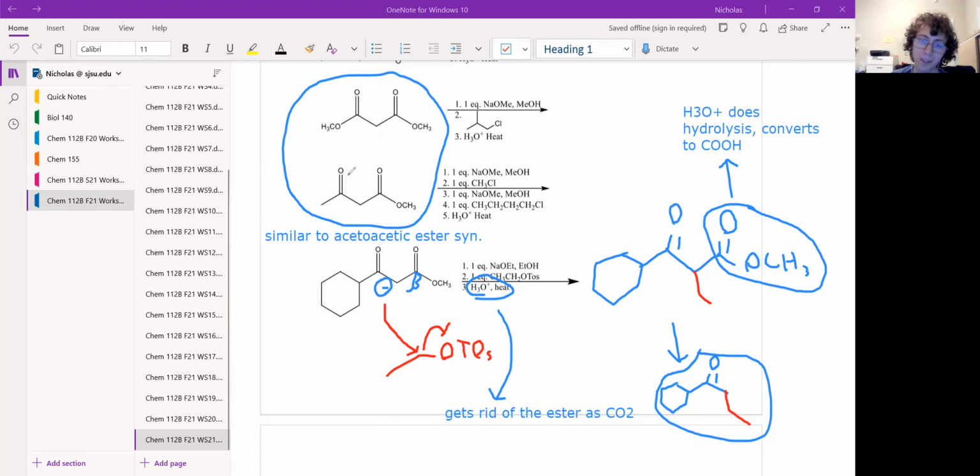And if you know the details, you can work through it and figure out what the product will be. Because in the end, you're just adding an alkyl group and then you got rid of the ester as carbon dioxide. So just practice the details a few times, be familiar with it, and then whatever context he throws at you, you'll be prepared.